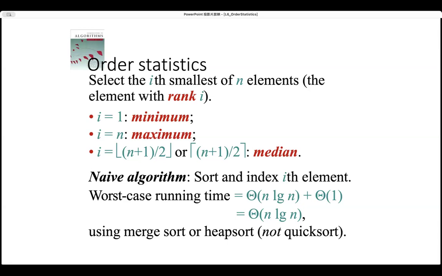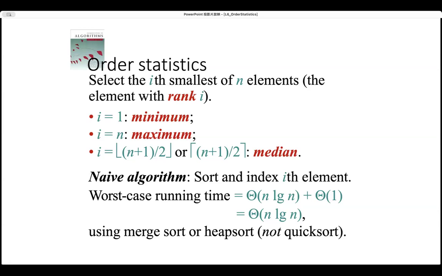Okay, first, if I want you to do that, when n is given, if i is 1 or n, the job is easy, right?